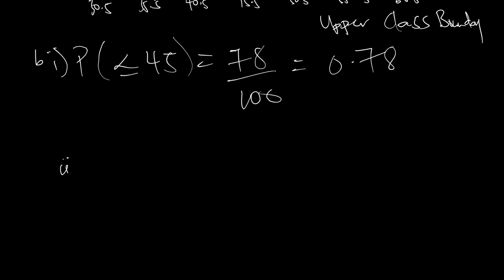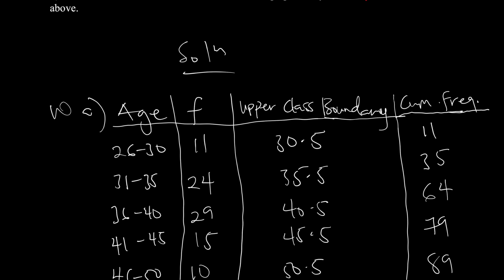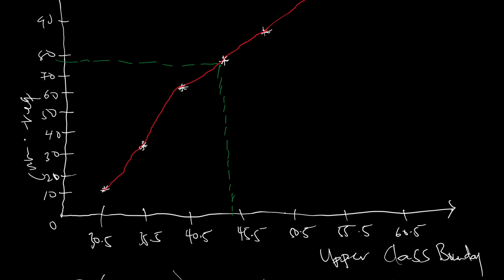So BII, it says find the number of workers who will retire if the retiring age is 50 years and above. So 50 years will be somewhere here. We draw a straight line from the age of 50 to touch the curve. Then at the point of intersection of the line and the curve, we draw to meet our y-axis, with the help of a ruler.